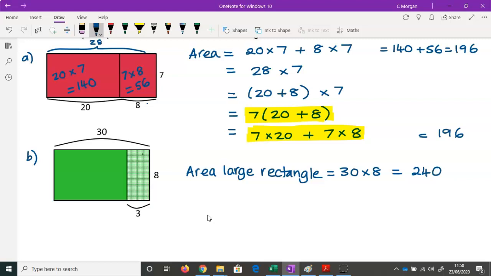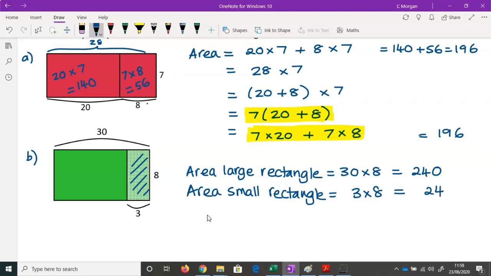But because I'm taking away this hatched area here of 8 multiplied by 3, I've got the area of the small rectangle. I'm going to write that down, which is 3 lots of 8, which is 24. Now, if I want to find just the area of the shaded rectangle, I'm going to write down area of the shaded rectangle.